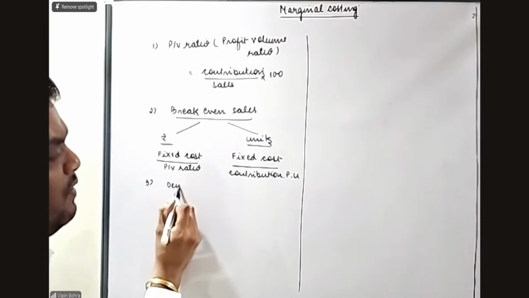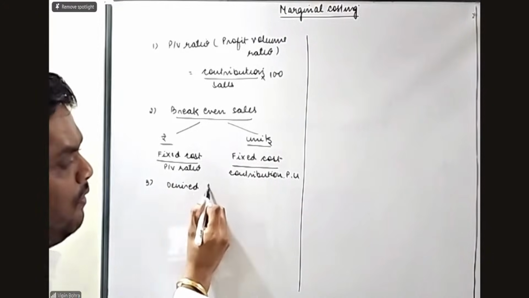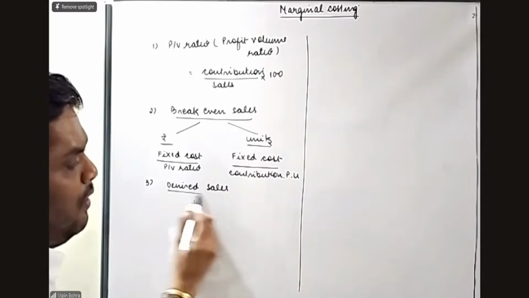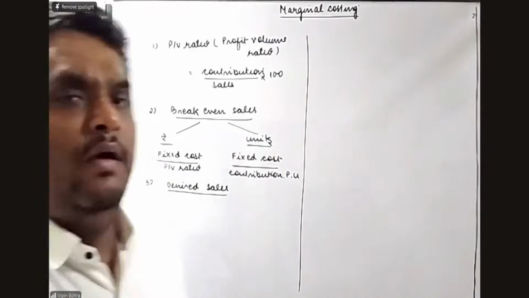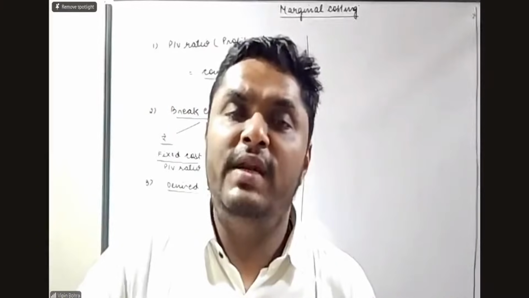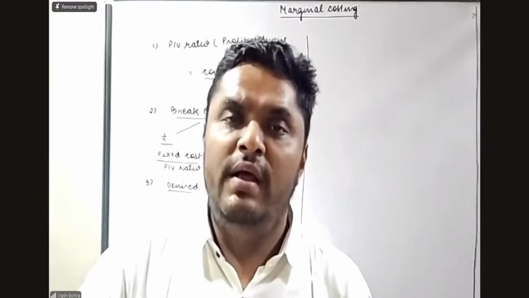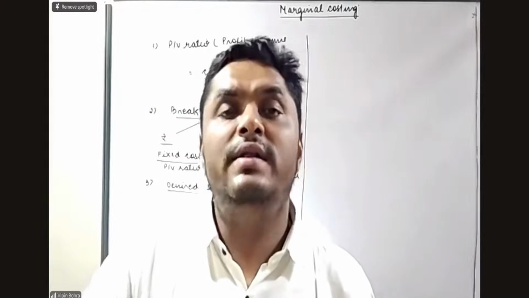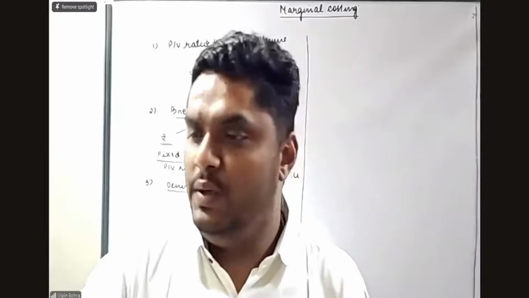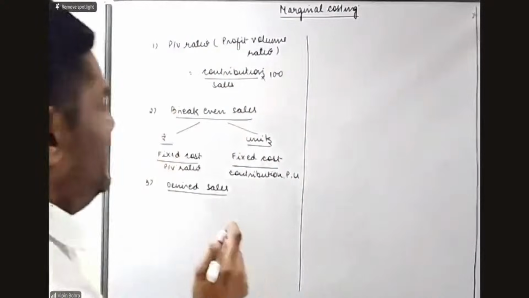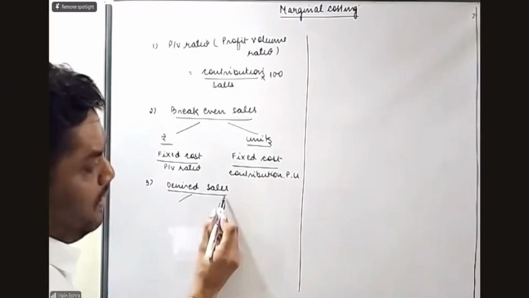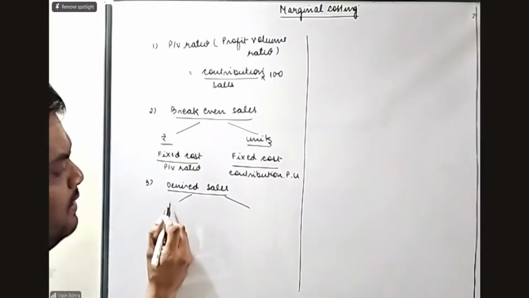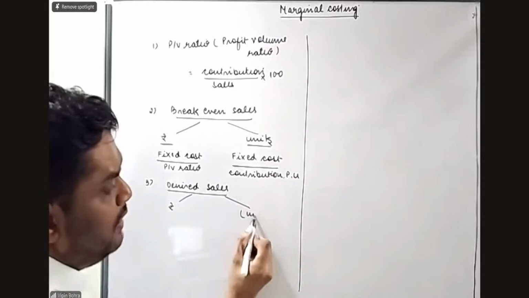Thereafter, we discuss the concept of desired sales, wherein some information will be given in the question as regards profit. And the question will ask you to earn this much profit, how much sales is required. So again, desired sales can be calculated in two ways, that is in rupees or in units.